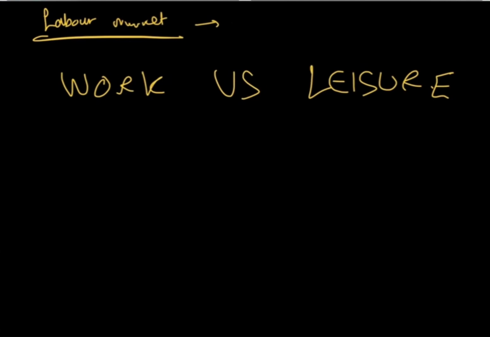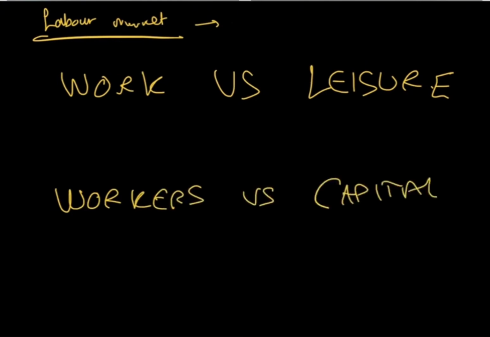And for the firm, it's workers versus, what's the alternative to workers? Capital. That summarizes machines or technology or other factors of production that can replace the worker. And from the worker's perspective, leisure time replaces the idea of work.